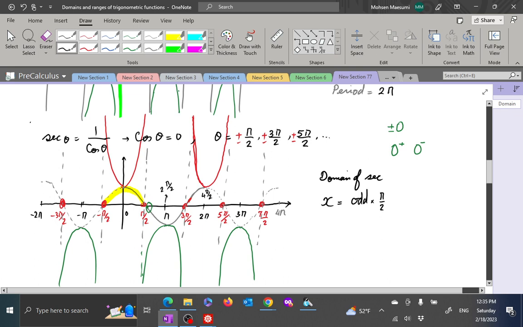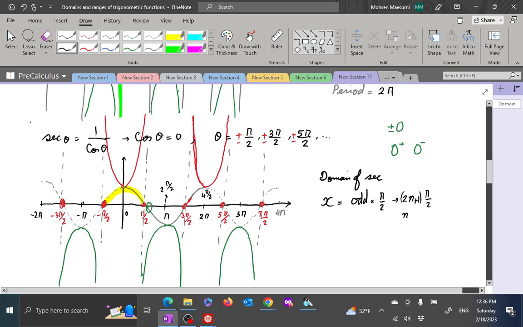We can make a formula for that. You can write 2n plus 1 to write an odd number. We sometimes code it as 2n plus 1 because when n is 0 I am here. When n is 1 I have 3 pi over 2. When n is 2 I'm at 5 pi over 2.